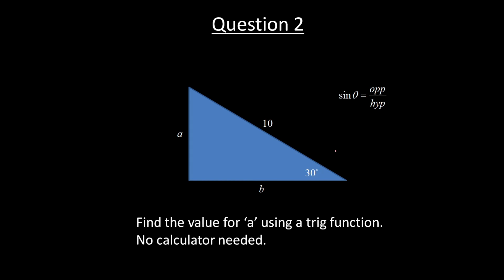So if we look here at sine theta, I apologize here. I can actually write halfway decent with my mouse if I go a little bit slower. So sine theta, looking at this here, it's opposite. The opposite leg here is A. And that's divided by the hypotenuse, which is 10.